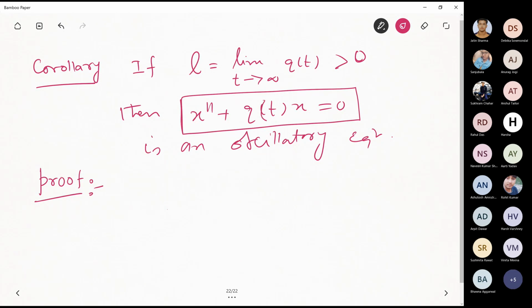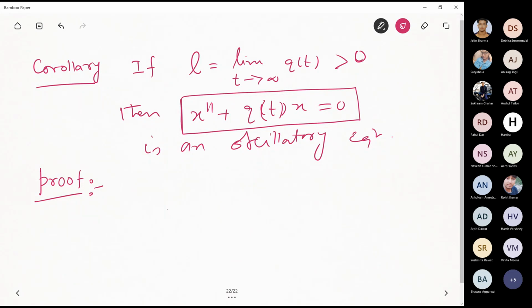In the solution we get the trigonometric function. How do you know that? Let us suppose q(t) equals 2 identically. Q(t) equals 2, for whatever we want.